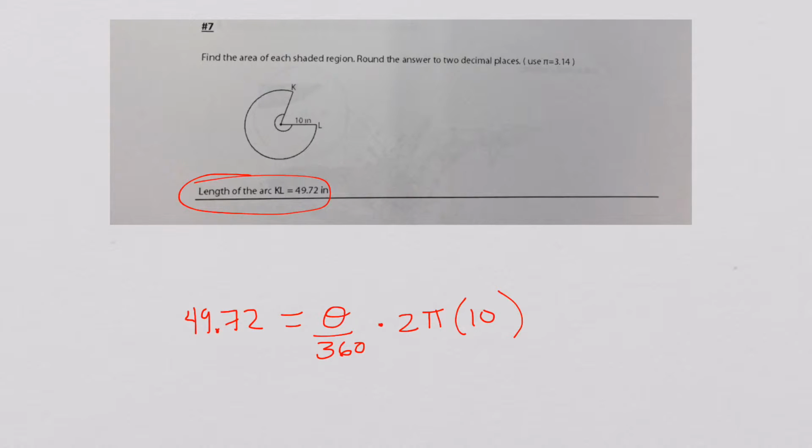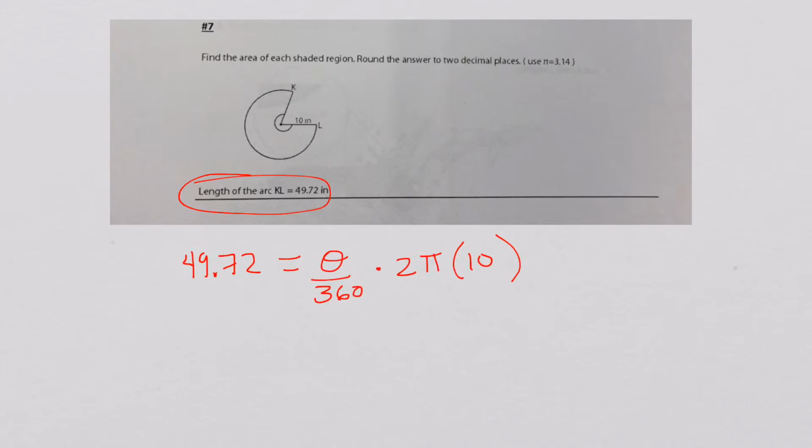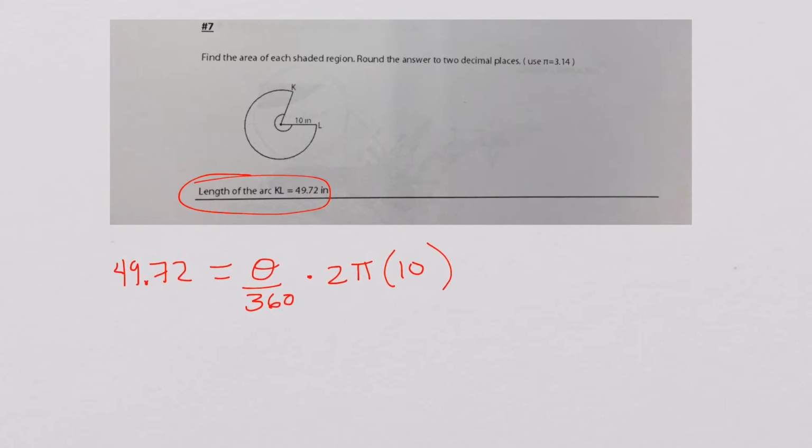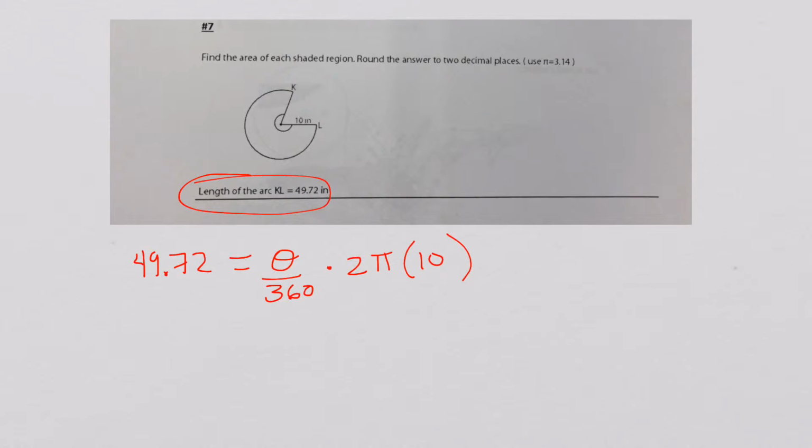We just need to simplify it now. We need to solve for the missing variable, which is our central angle. If we're following algebra rules, we can simplify step by step: 49.72 equals theta over 360 times 20 pi.